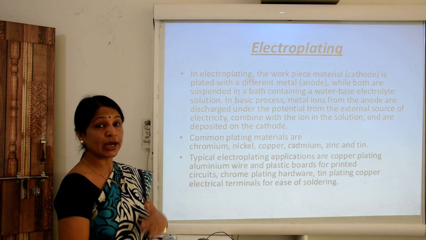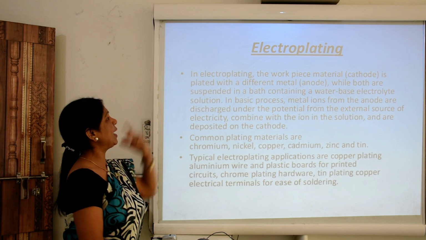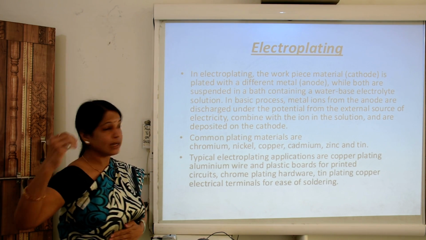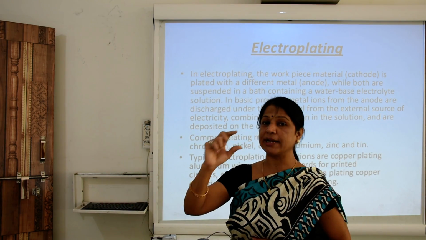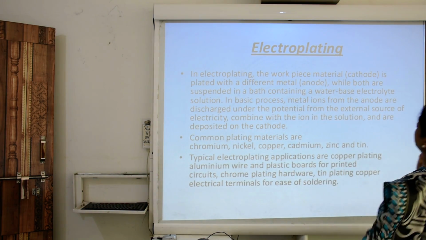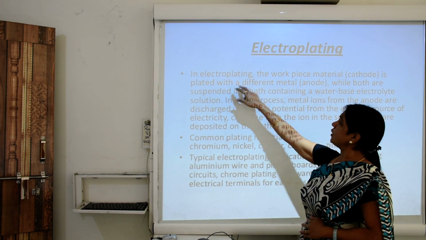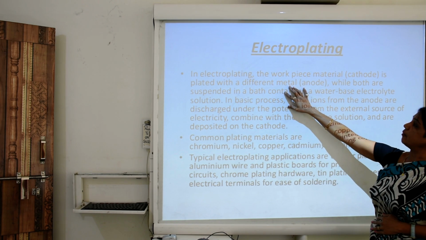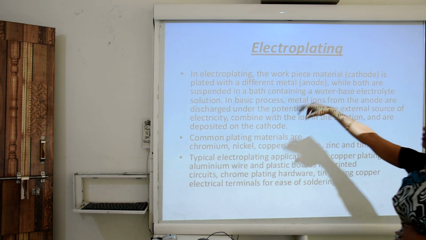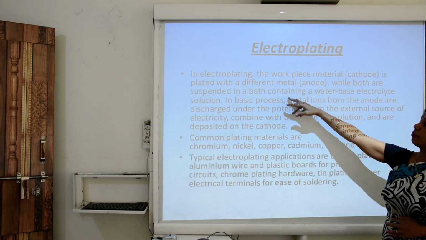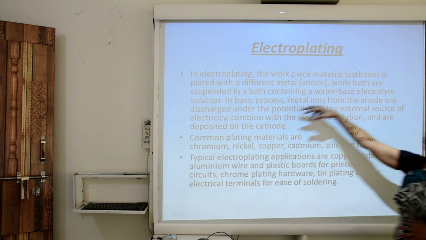In depth, we are going to see what is meant by electroplating. In electroplating, the work piece material, any type of piece material we can take, is called the cathode and is plated with a different metal, called the anode, while both are suspended in a bath containing a water based electrolyte solution.